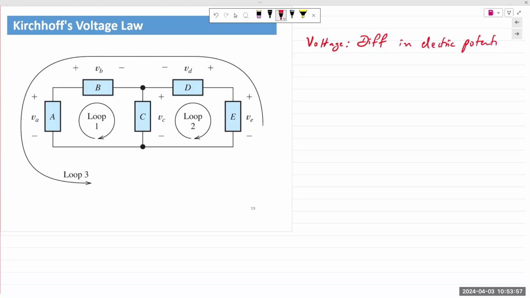Okay. Difference in electric potential between any 2 points. So again, it's the rate at which the energy is transferred. Unit is volt, noted by the uppercase V.